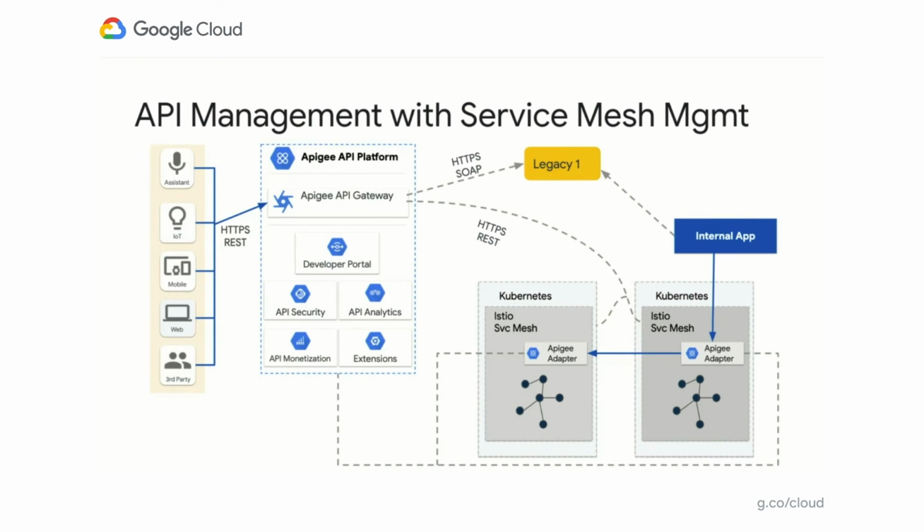And also the internal apps are using the legacy, but at the same time, the internal apps are now consuming the services from the mesh, right? And in fact, the gateway is acting like a nice little switch to switch between the legacy and the newer layer of mesh architecture. You can also see what is called the Apigee adapter.